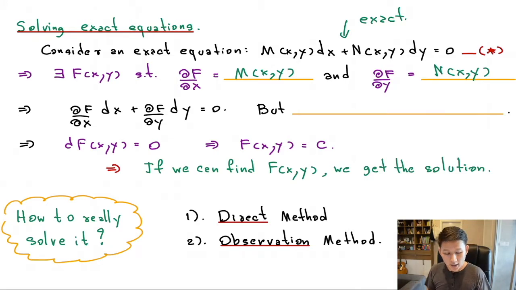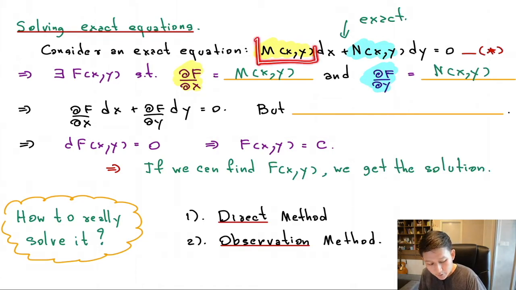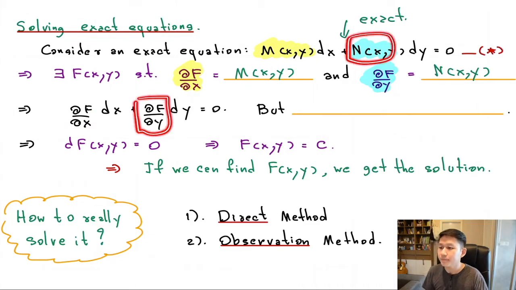In that case, I can substitute M by ∂f/∂x and N here by ∂f/∂y. And this is what I have.